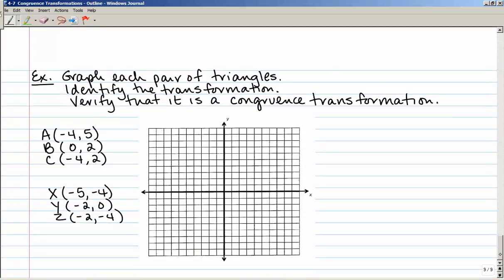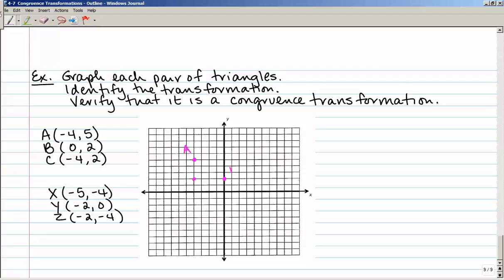And our last example here asks us to graph each pair of triangles, identify what kind of transformation it is, and then verify that it is a congruence transformation. So let's go ahead and graph these. So I have A is -4, 5, B is 0, 2, and C is -4, 2.